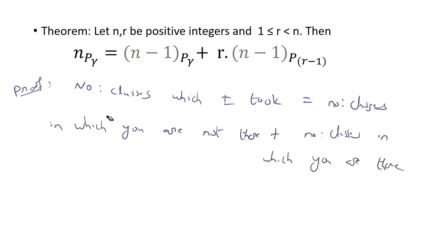The total number of classes which I took is equal to the number of classes in which you are absent plus the number of classes in which you are present. Now we have n objects.